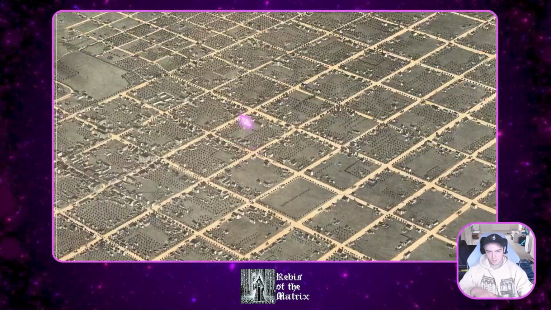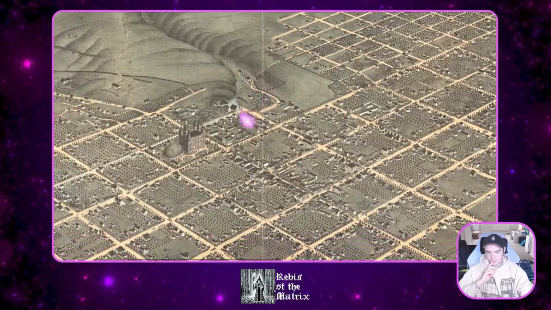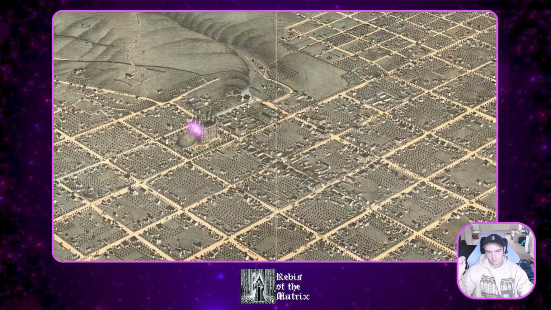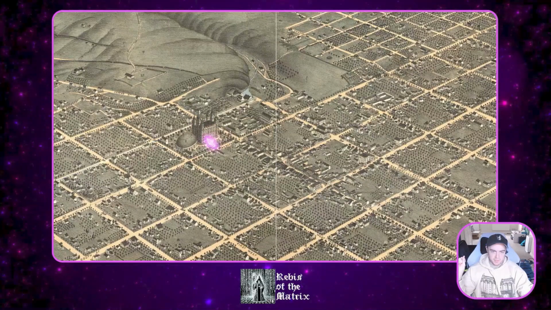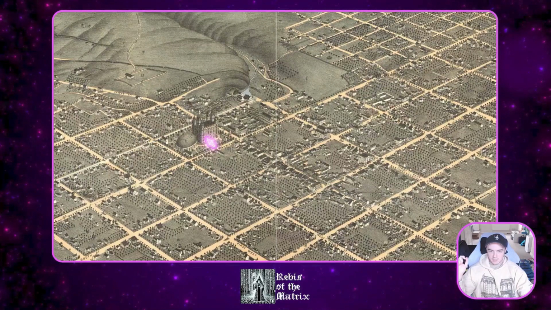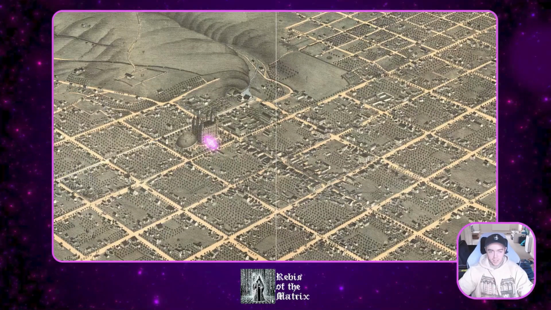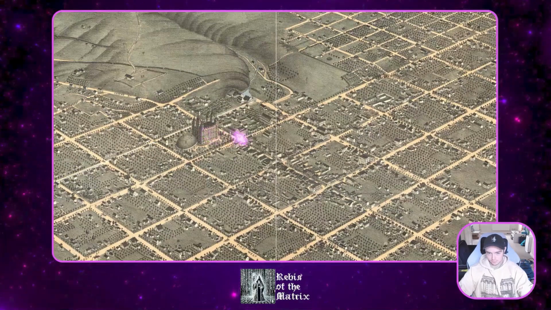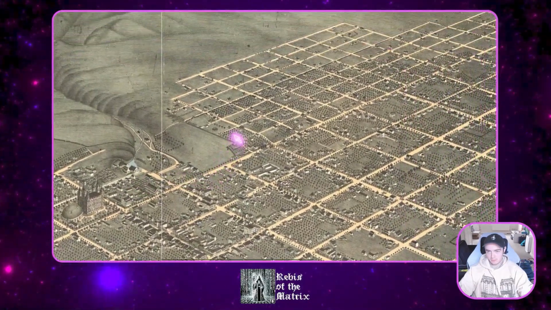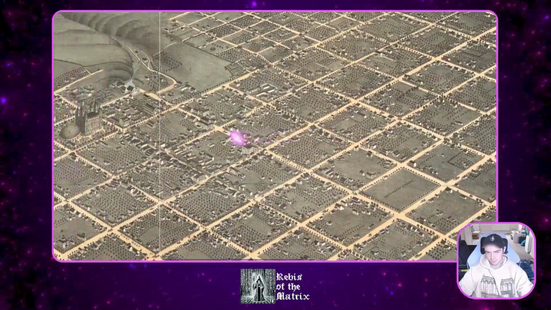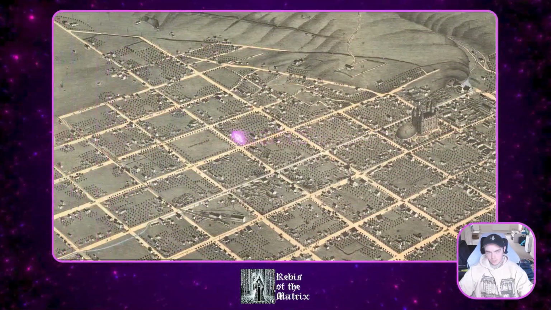Let's not talk about the grid layout yet, but let's discuss why a fully built out Salt Lake City Temple is being shown on a map in 1870 when supposedly they haven't even laid the foundation stone at that point. Yet here we have it fully built out amongst a fully built out grid of Salt Lake City.